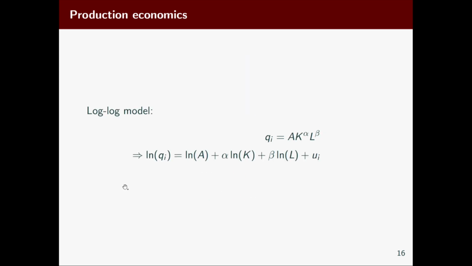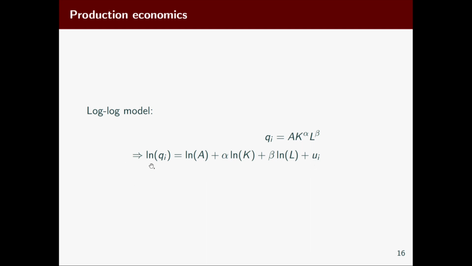Now let's say that we have a log-log model. This is a Cobb-Douglas production function. Quantity is still a function of K, which is capital, and L, which is labor, but now it has a different functional form. We cannot run this regression as it is right here. What we need to do is take the log of both sides, as we talked about in class, which gives us this functional form.